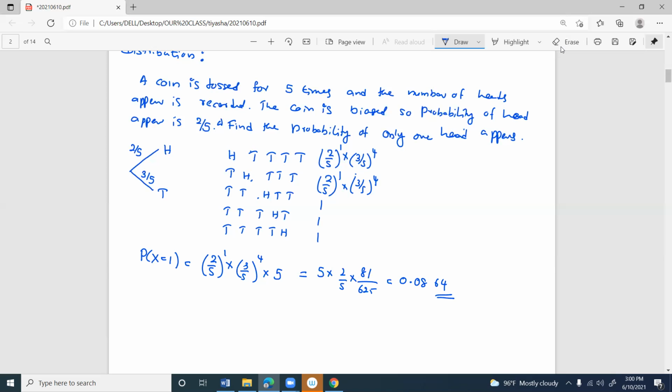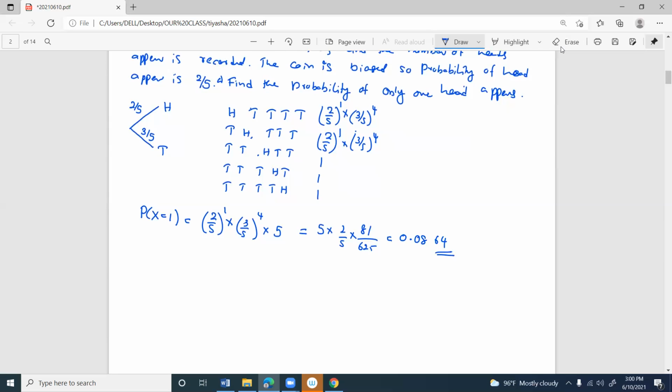Then the next one, part B. They can ask you to find the probability of only 2 heads appearing. What are the possibilities? Initially the first two can both be heads, and all the other 3 tails.